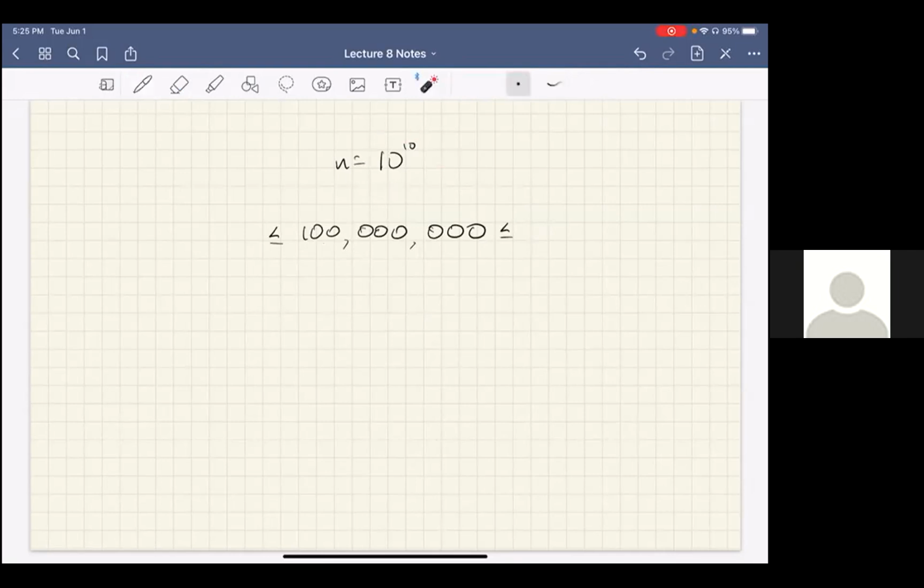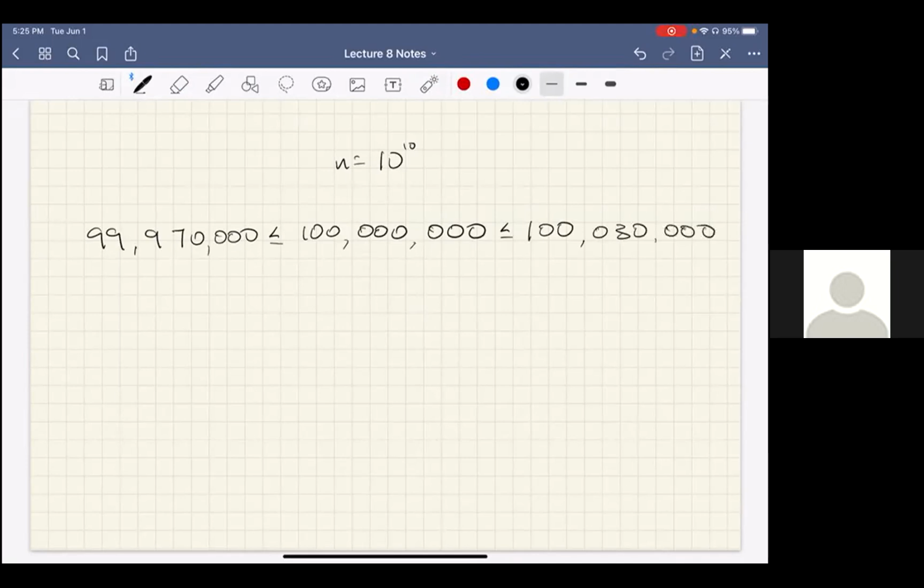That's 10 to the 5th, 100,000, multiplied by 0.1. So that's 10,000, times 3 is 30,000. So on either side of 100 million, I get 99 million 970,000 and 100 million 30,000.